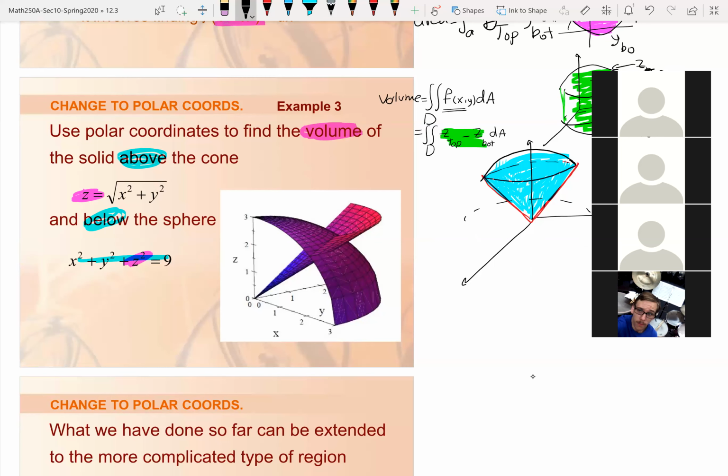So again, in the three-dimensional graph, the top is the sphere, and the bottom is the cone.